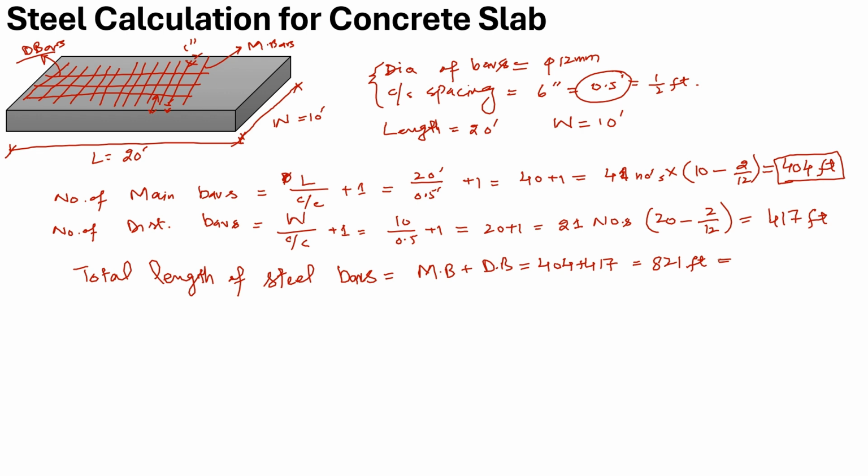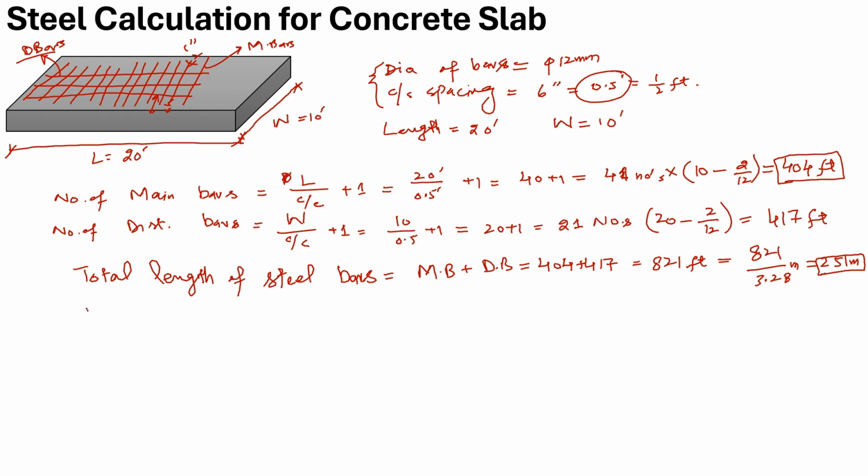Simply, when you divide feet by 3.28, it will be converted into meters. So 821 divided by 3.28 will give you 250.3, or you can overestimate as 251 meters. It's roughly 250.3, so I am overestimating it to 251 meters.